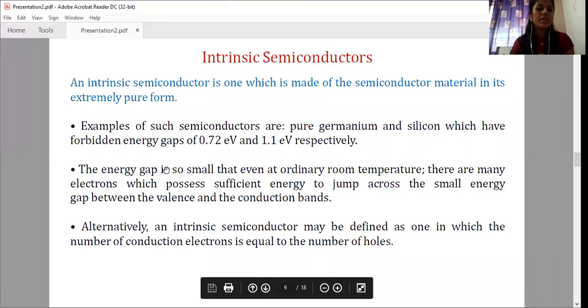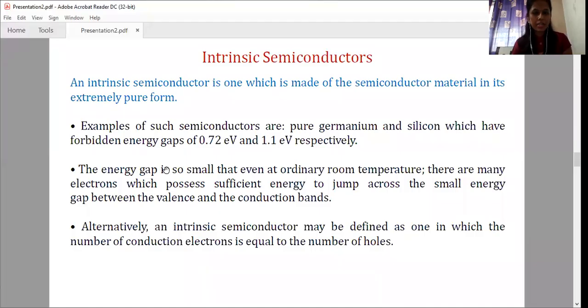The intrinsic semiconductor is a pure form of semiconductor. No doping material is required. Examples are germanium and silicon, with a band gap of 0.72 electron volts for germanium and 1.1 electron volts for silicon.